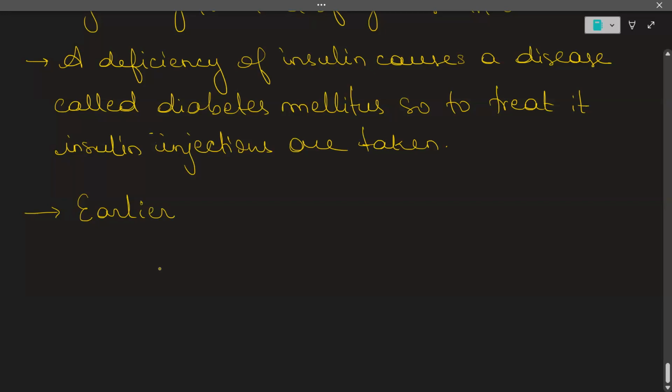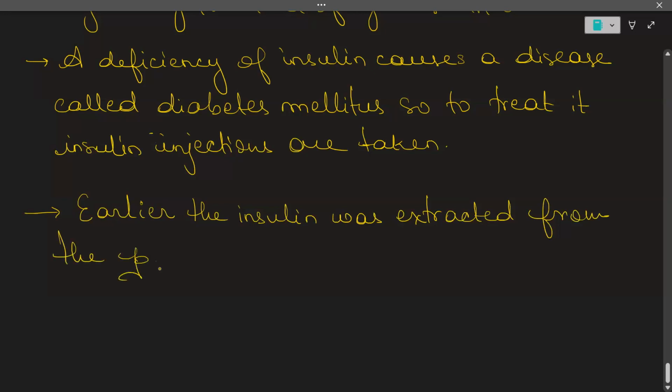But if a person ingests insulin, it could also be supplied to the bloodstream, just like how our food is supplied. What is the reason that insulin can't be taken orally? It's a very simple reason.